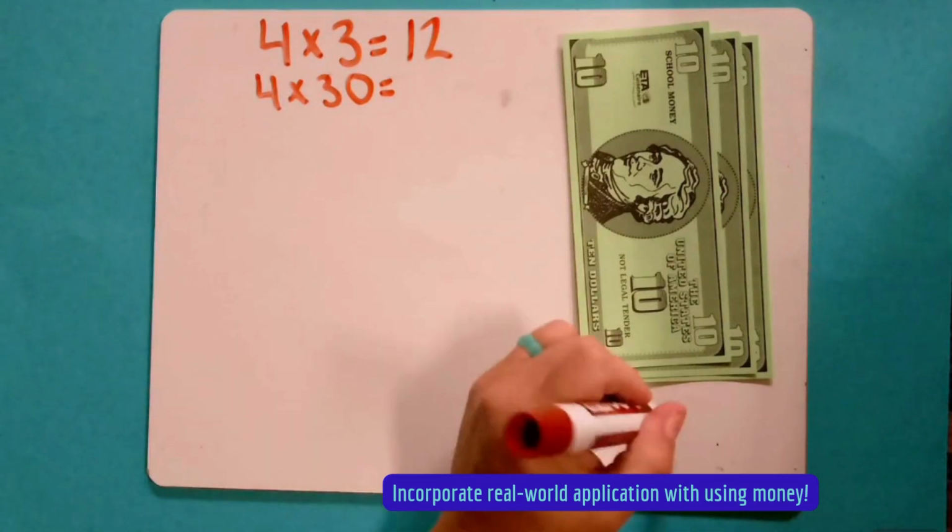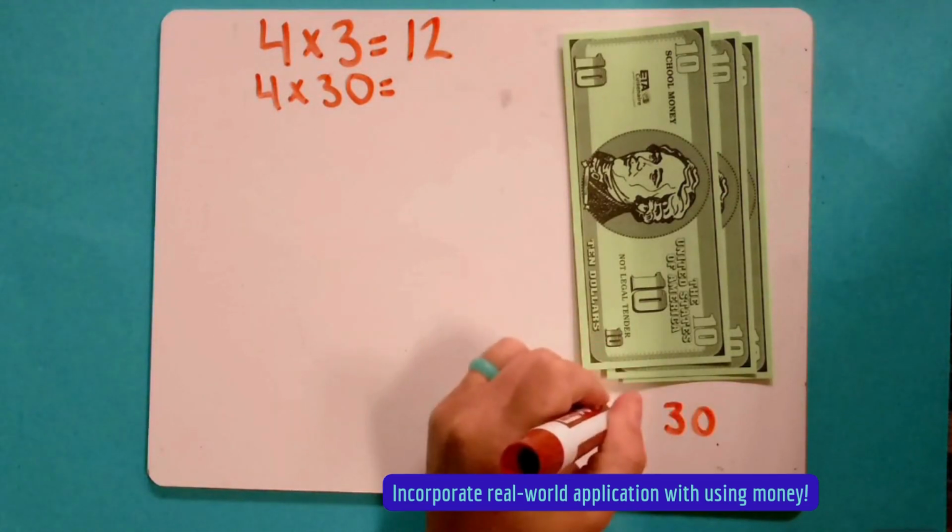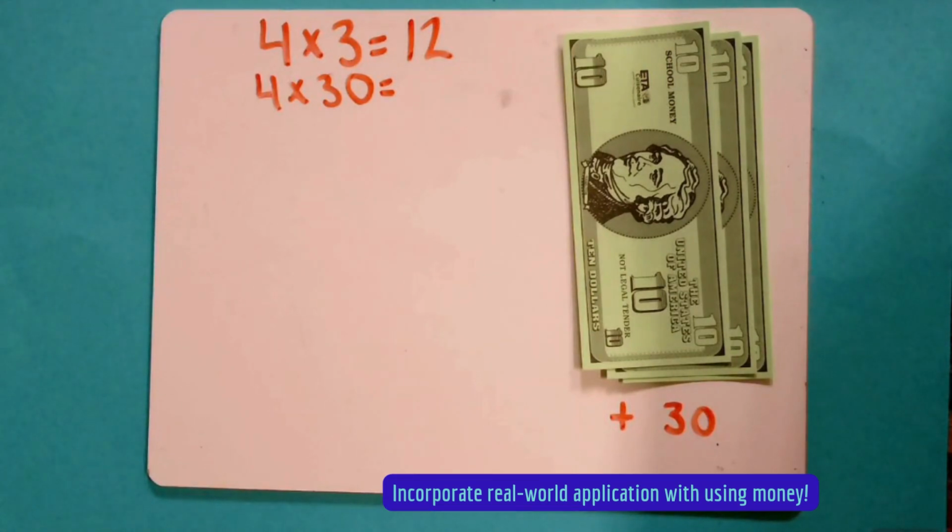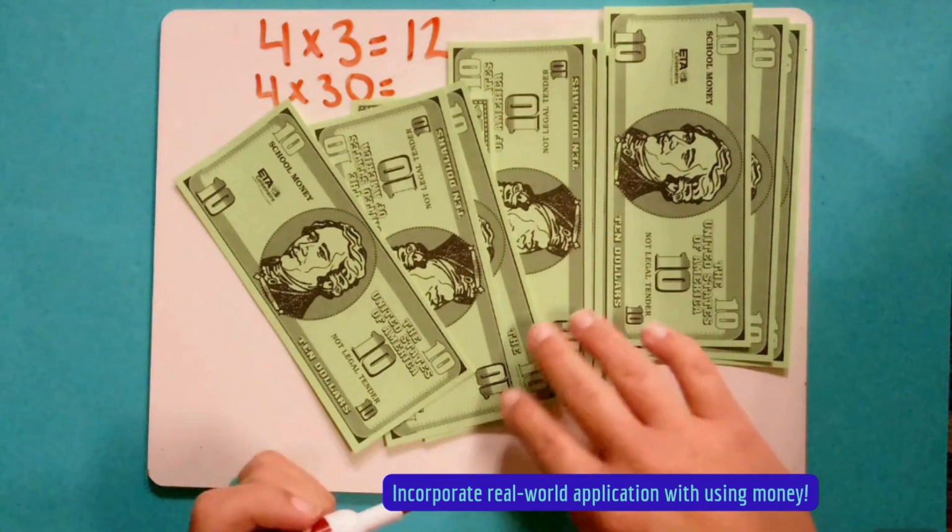During the strategy, you can also encourage regrouping of 10 ones to make the one $10 bill.